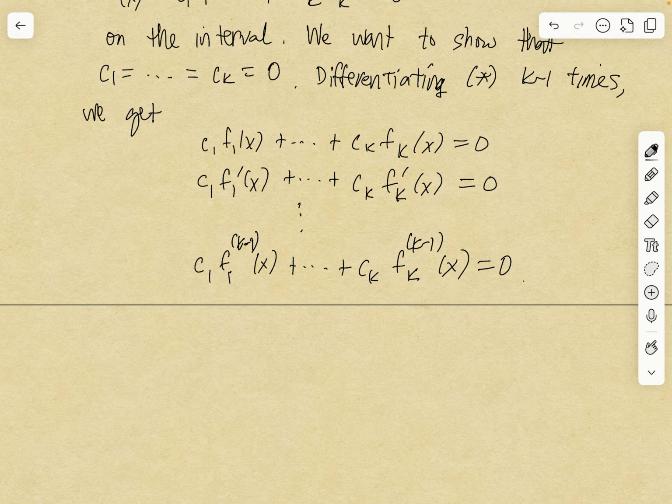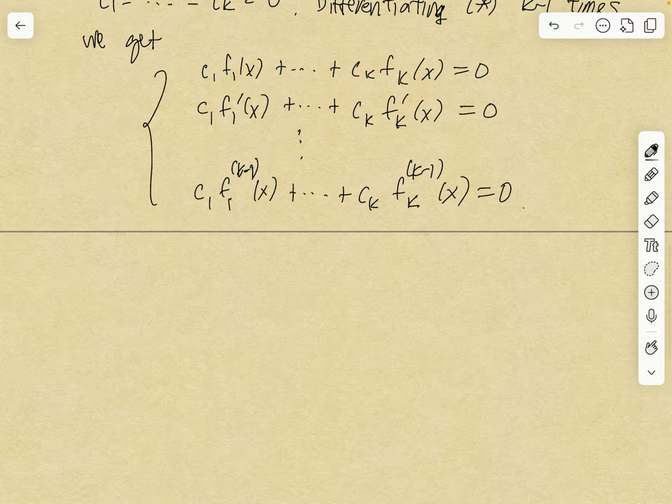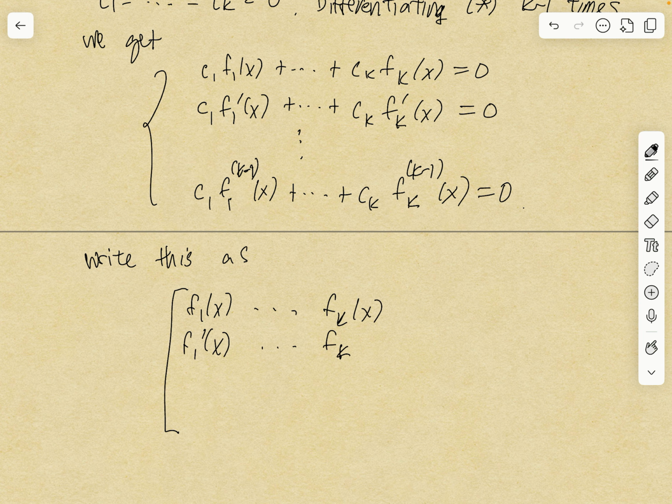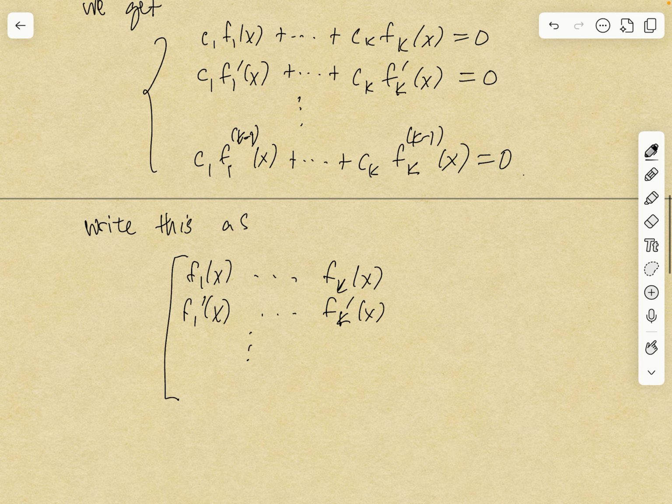Now the key is to think of this as a homogeneous system of equations. And it might help to write this as a matrix: f1 of x to fk of x, and then f1 prime of x to fk prime of x, all the way to the k minus 1th derivative of f1 through fk.